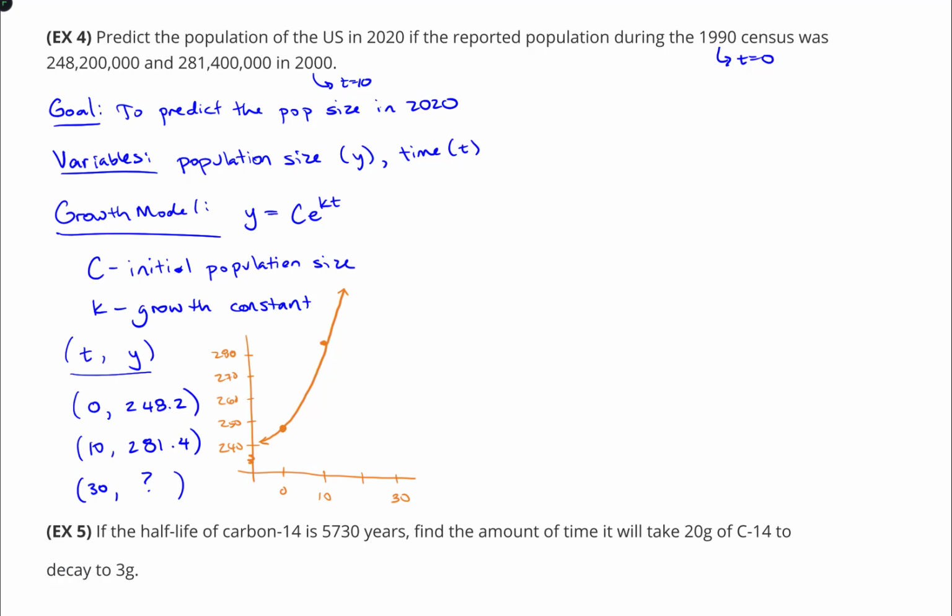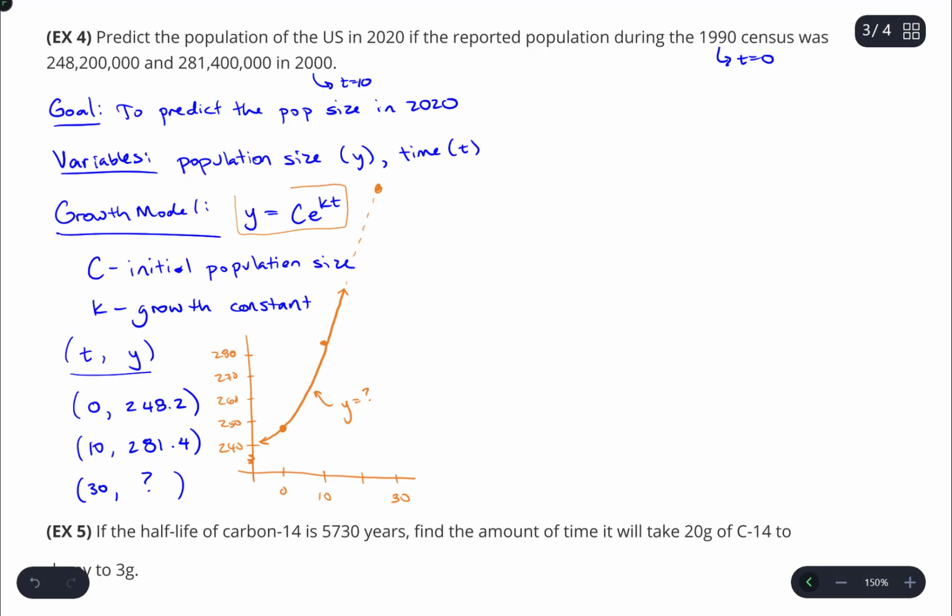And our goal is to figure out what this exponential function is so that we can use that to make a prediction as to what the population size would be 30 years down the road. So we need an exponential function that fits through these 2 points.